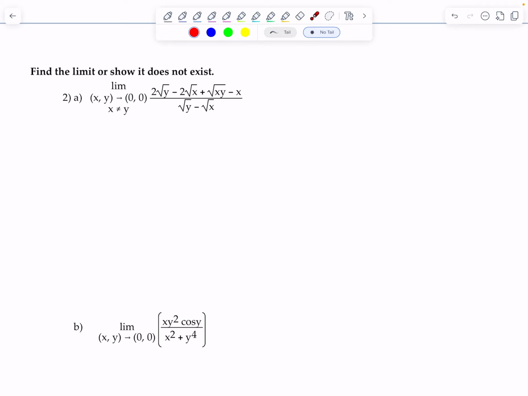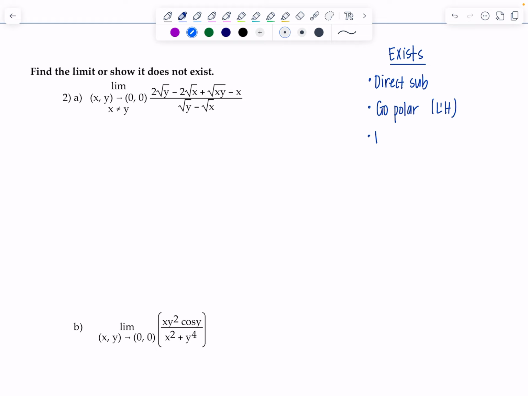Your options are, when evaluating limits, if you're trying to show that it exists and find an actual value, you direct sub, so you just plug in, or you can go polar, and then sometimes you can use L'Hopital's rule. You can factor or rewrite it, like if you multiply by a conjugate, etc. You could do a delta epsilon proof to prove that the limit exists, or you could do the squeeze theorem.